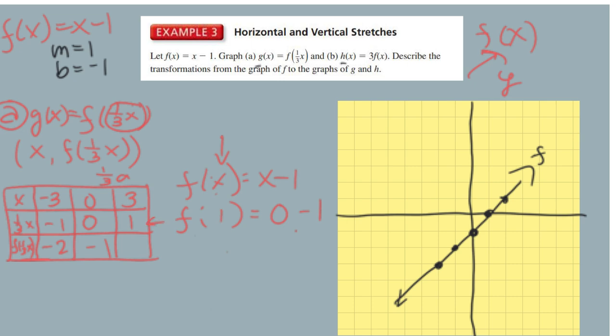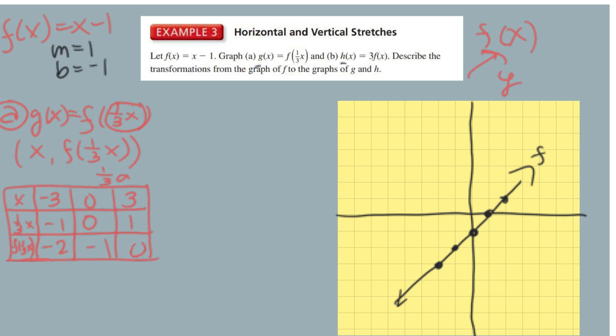Okay, I'll just rewrite it. f of 1 equals 1 minus 1, which gives me a 0.